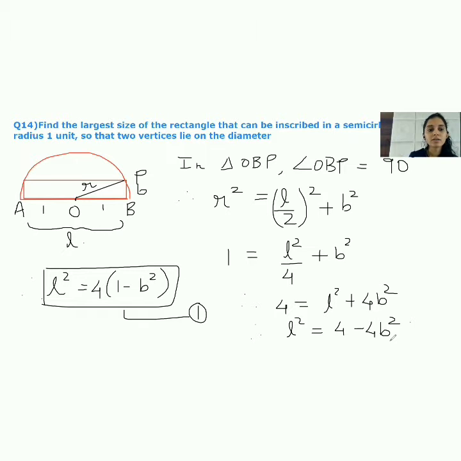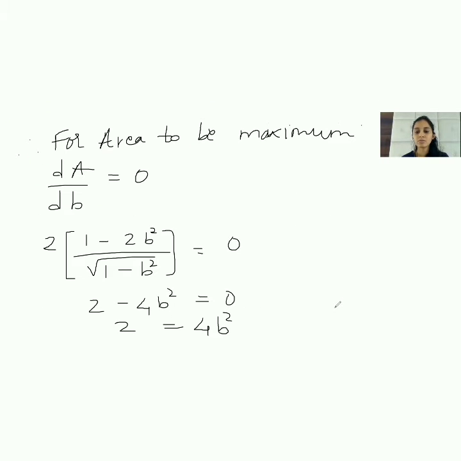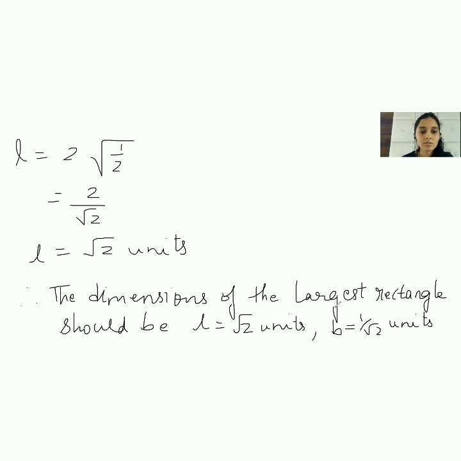It will not make a rectangle. It will just touch the semicircle. It says that the two vertices should lie on the diameter. It is not said that they should lie on the endpoints, because that is not possible. That is why what should be the length? So that length we have found out as root 2 and breadth as 1 by root 2. Clear? So this is the value of the dimensions of the rectangle. Clear?